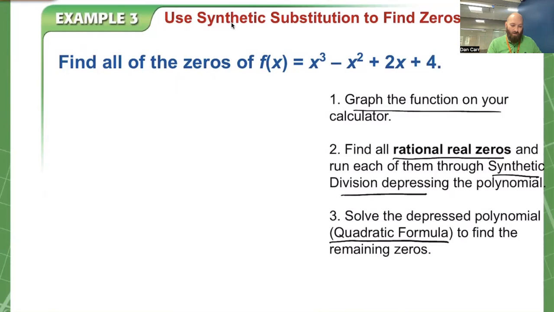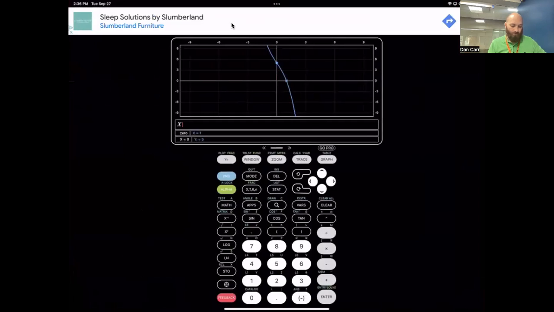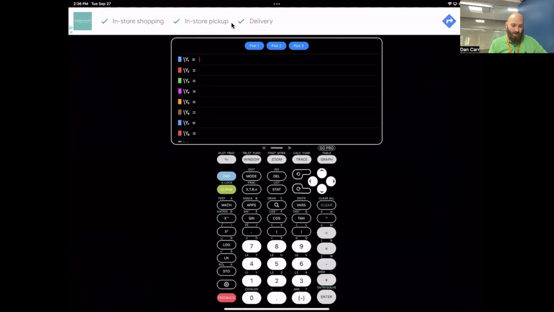We have x to the third. Let's see, it should be right here. There we go. So where y equals, let's clear that out.